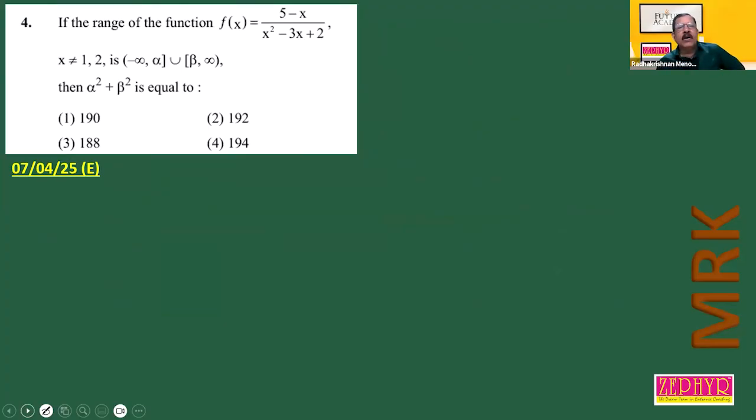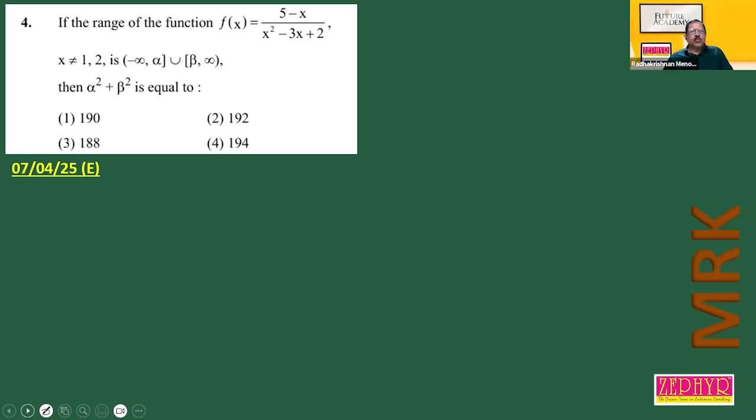The range of f of x is equal to (5 minus x) divided by (x squared minus 3x plus 2), x not equal to 1, 2. Then the range is given as (minus infinity, alpha] union [beta, infinity), a semi-closed interval.